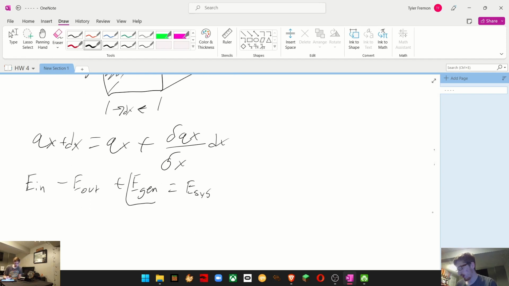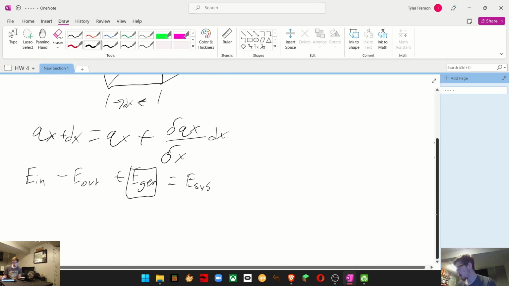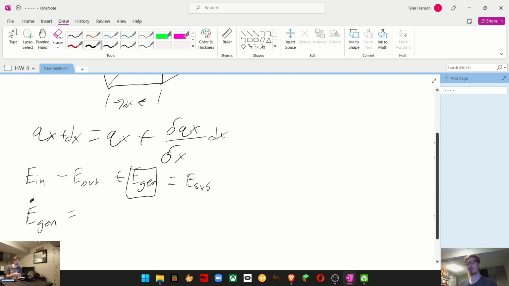And if we want to look at something like this, energy generated, we can define this rate variable, energy generation, meaning this is how much energy is being generated per unit time. And it's simply going to be the amount of heat we can generate per unit time times the total volume that heat is being generated in. Or, the heat generated per unit time and unit volume times the total volume that the heat is being generated in.